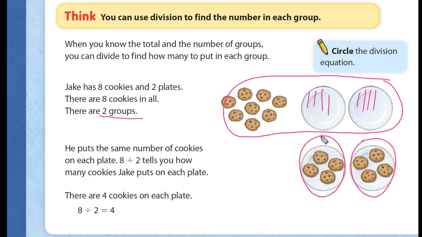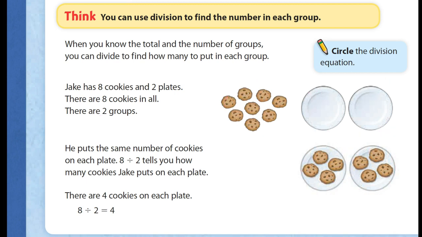He puts the same number of cookies on each plate, 8 divided by 2. It tells you how many cookies Jake puts on each plate. So there are 4 cookies on each plate. He started off by having 2 groups, just like this, and then he took each individual cookie and put each one until he was done. And he wound up with 4 cookies in each plate.